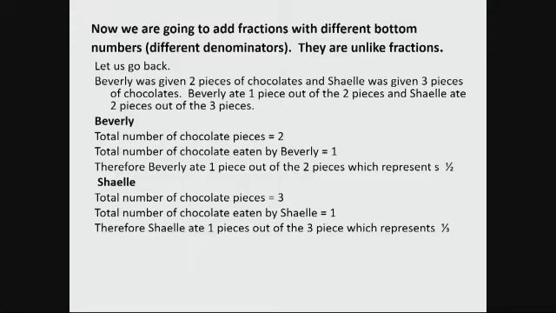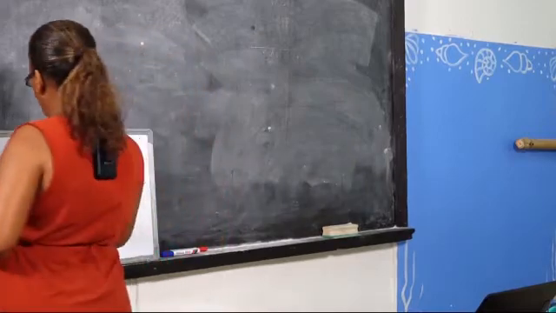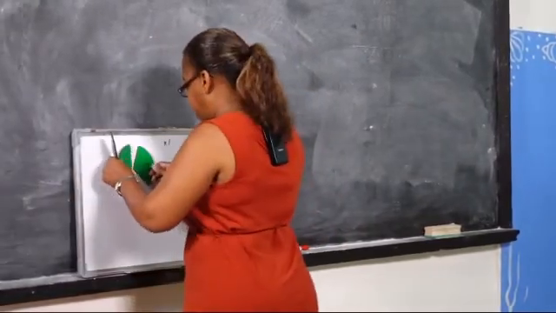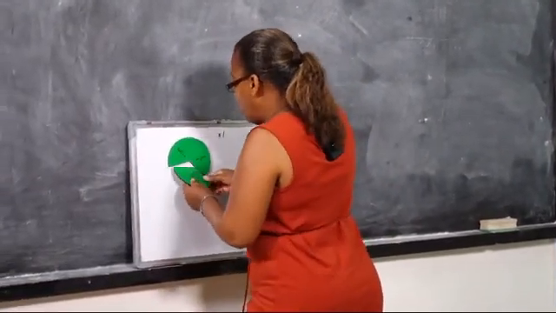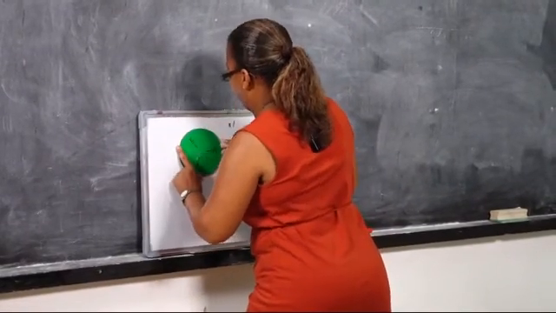Beverly ate 1 piece out of the 2 pieces and Charles ate 1 piece of the 3 pieces. Okay, now let us see. We will represent this. So, in reality, we were going to use the chocolates, but for health issues, we will represent this using our fraction.